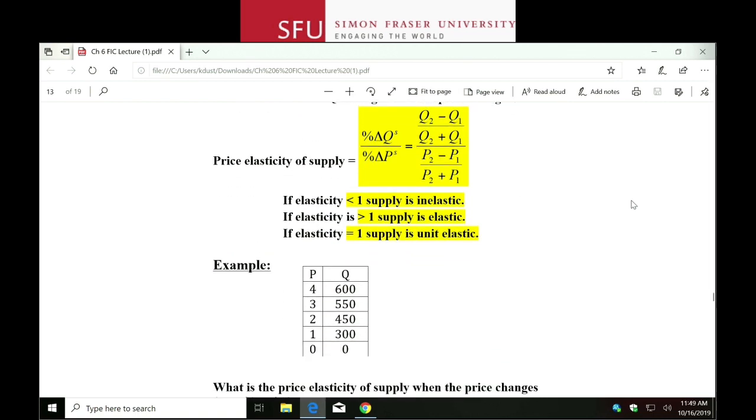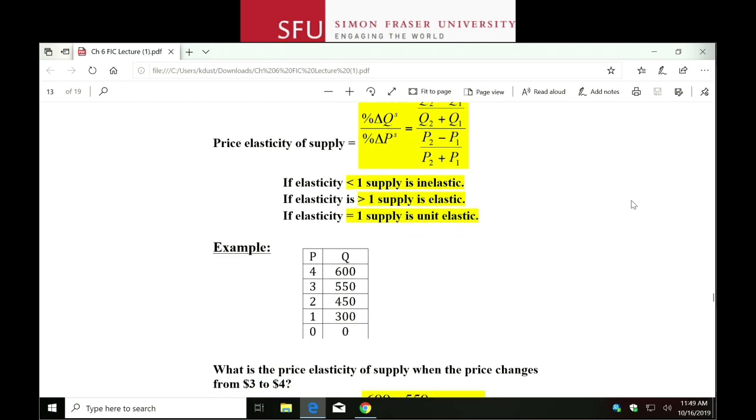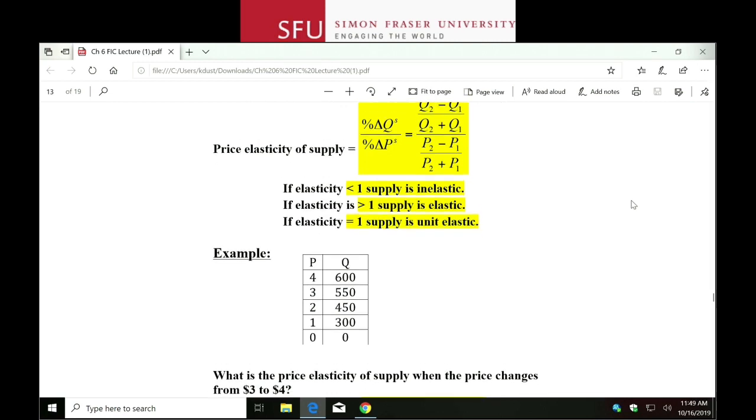All right, so pretty simple, and there's only one type of elasticity for supply, not like demand where we had 3 different types.